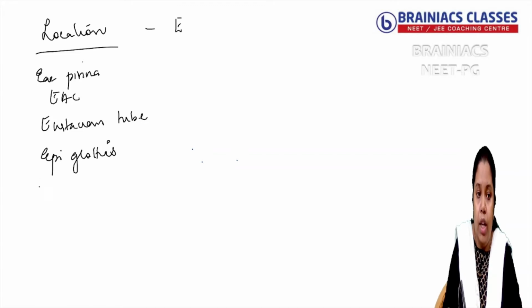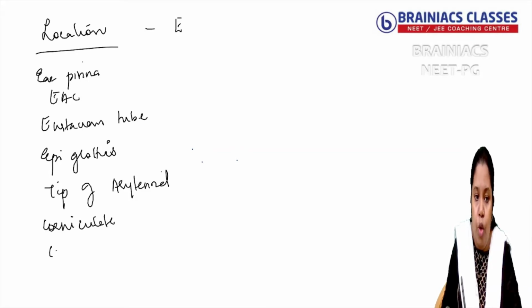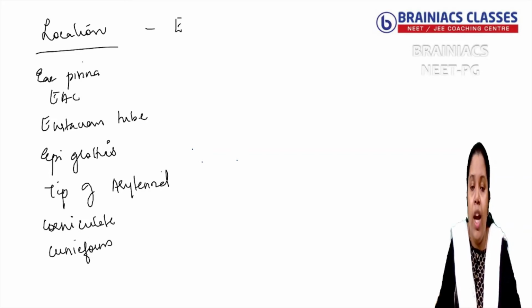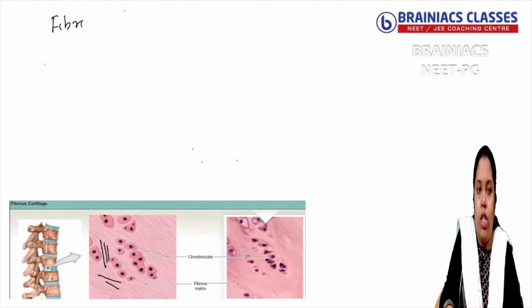Then the laryngeal cartilages, that is the tip of arytenoid, corniculate and cuneiform. These are elastic cartilage. Now moving on to the fibrous cartilage.